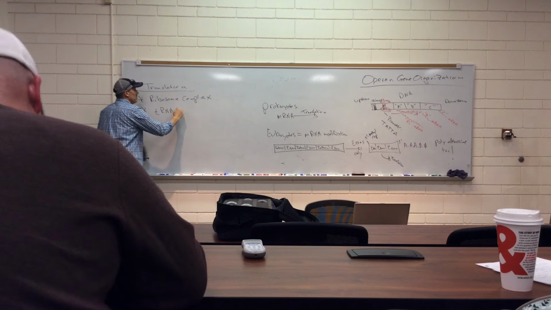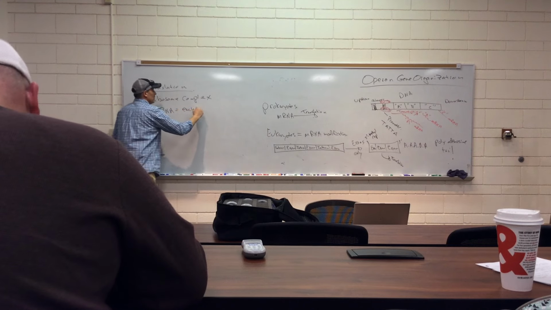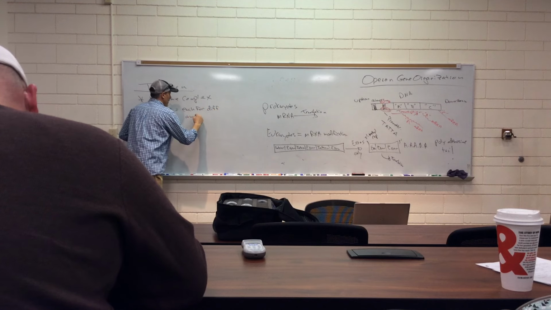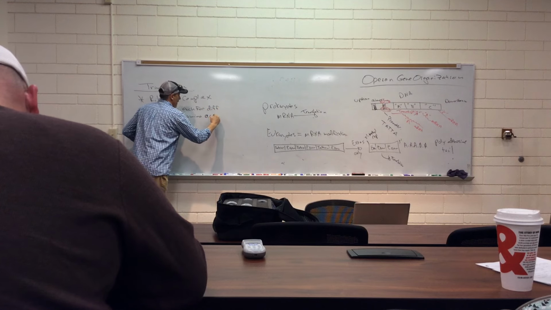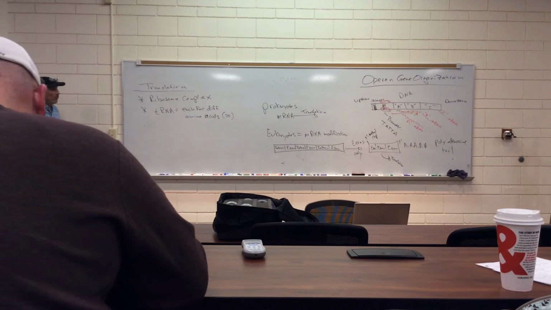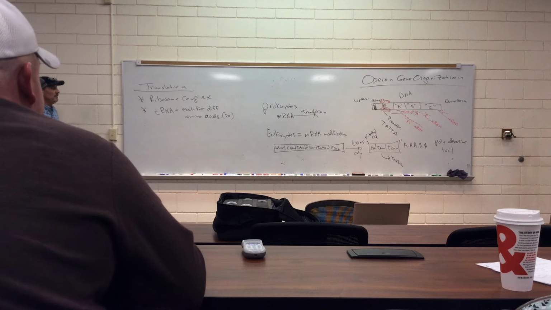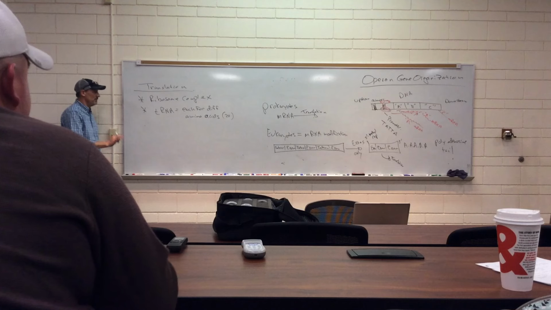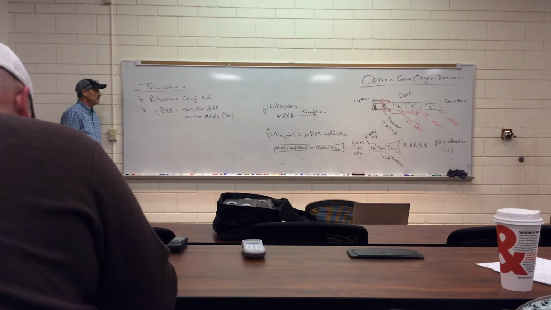Transfer RNAs. And there are tRNAs, a different one for each amino acid. So there are 20 different transfer RNAs, each one specifically for their amino acid.